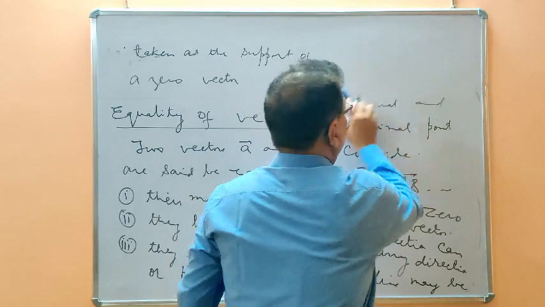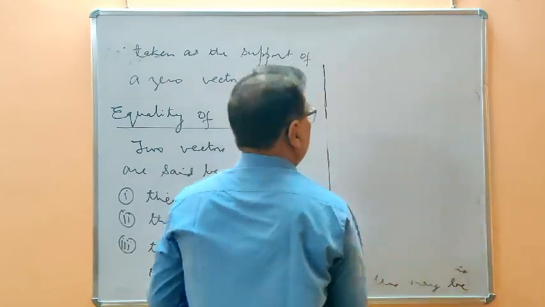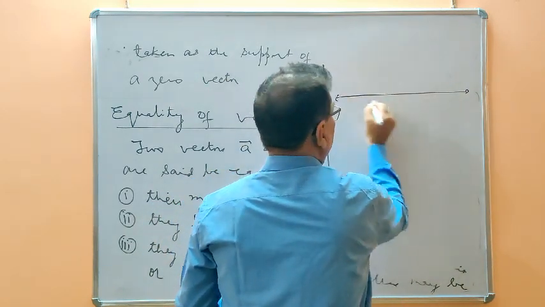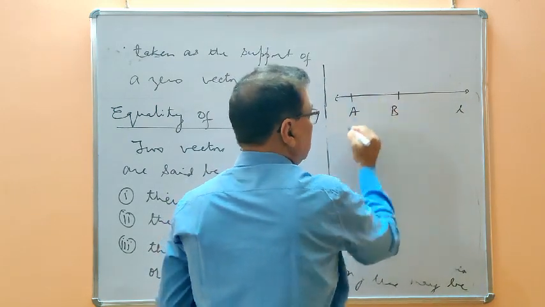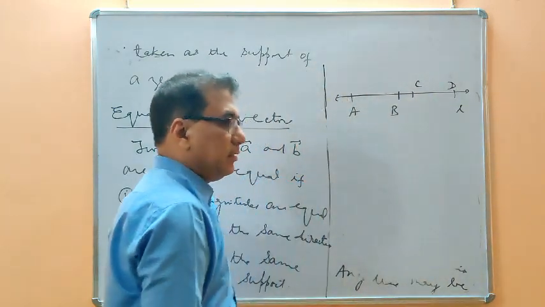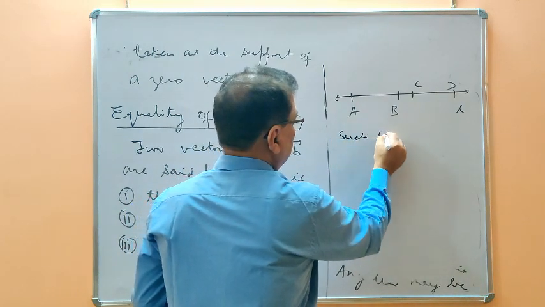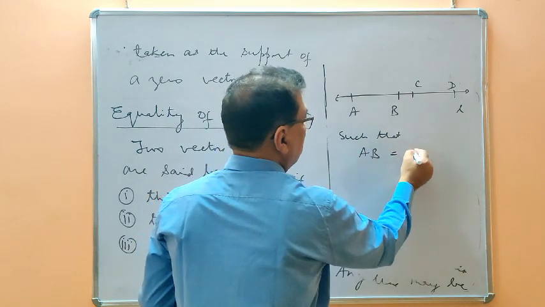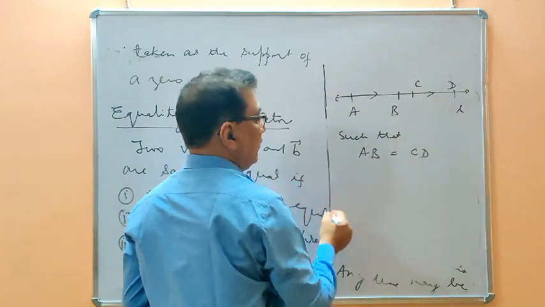Suppose I take the support as L and I take suppose AB 2 points and then CD also 2 more points, such that length of AB is equal to length of CD and they have the same direction.